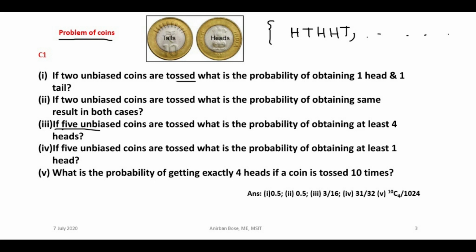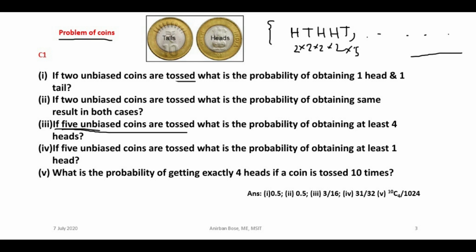So first, what is the random experiment? 5 unbiased coins are tossed. If 5 unbiased coins are tossed, then what are the total possible outcomes? Definitely you can see there are 5 places to be filled to get a particular outcome. The first place can be either head or tail, so 2 ways for each. The second place can be filled with either head or tail, and likewise the third, fourth and fifth places.